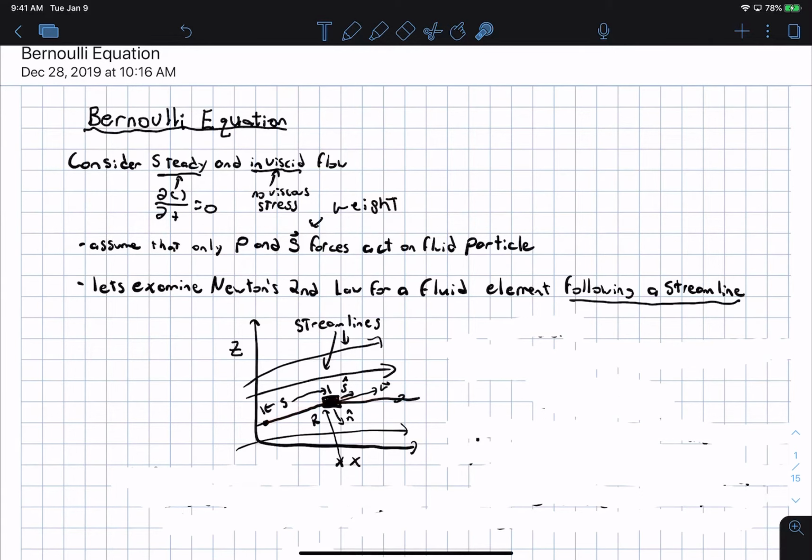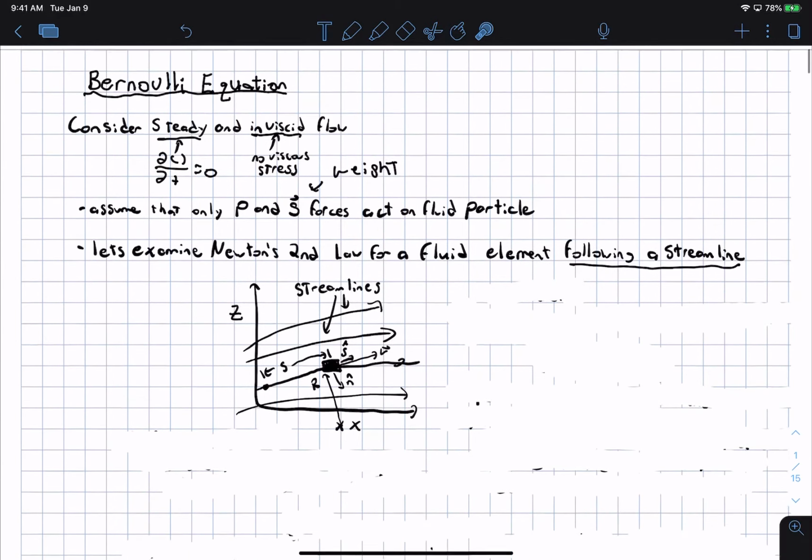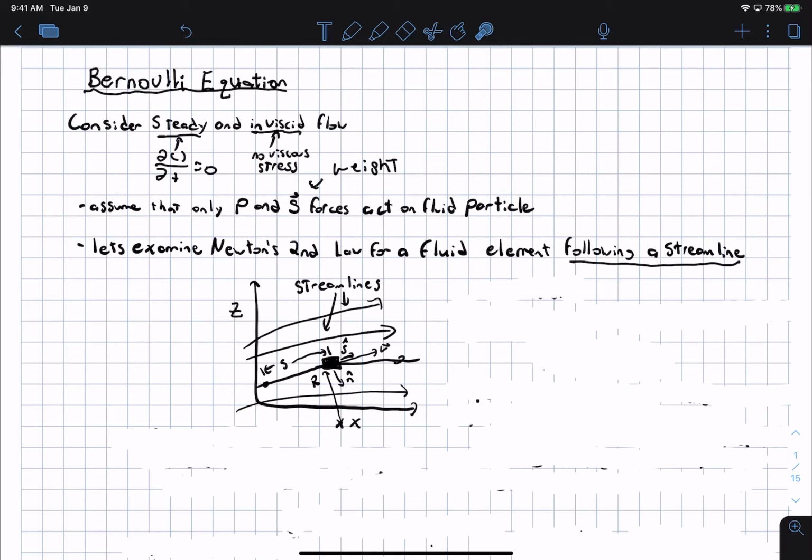So we are applying F equals ma to a chunk of fluid that we've tagged, and we're going to examine the forces and accelerations that act on that fluid element as it follows a streamline. Here, actually, this would be y. Fix that.